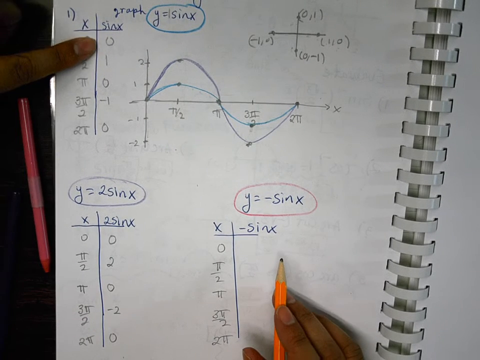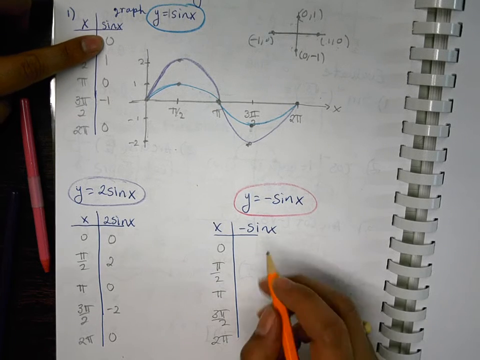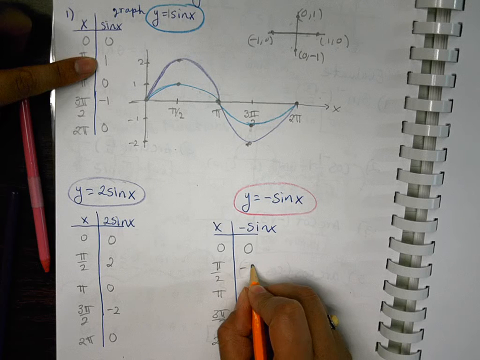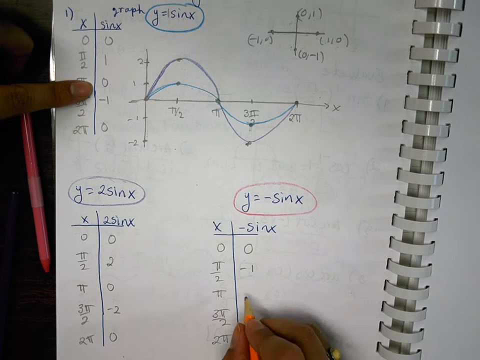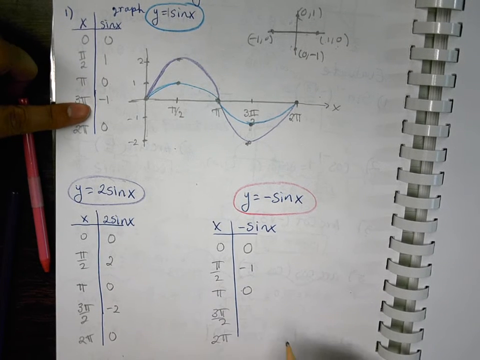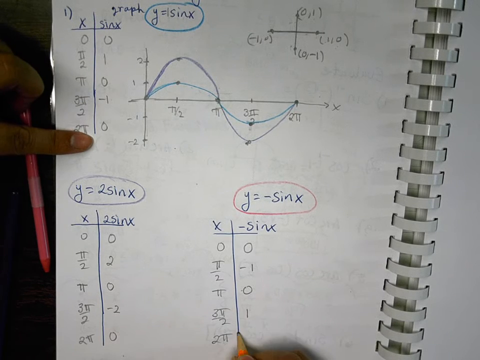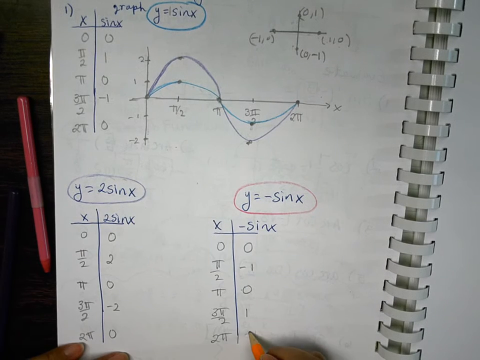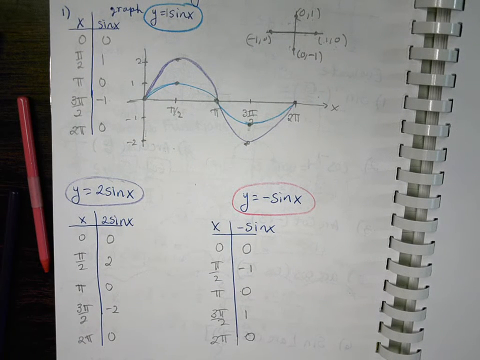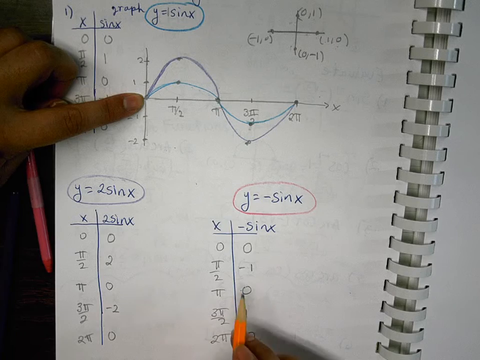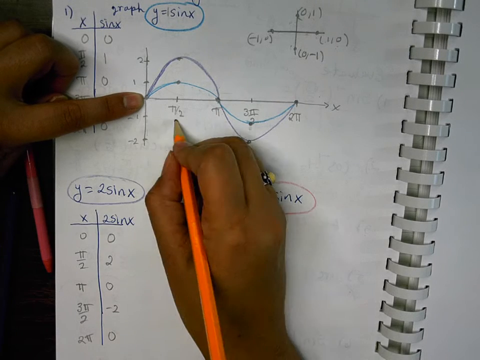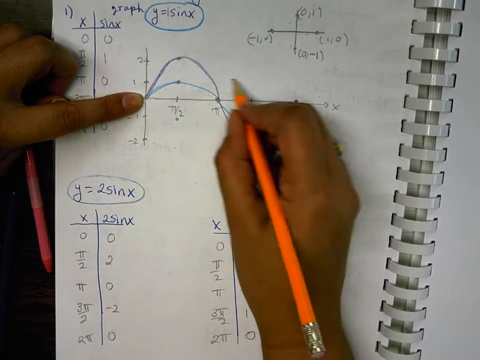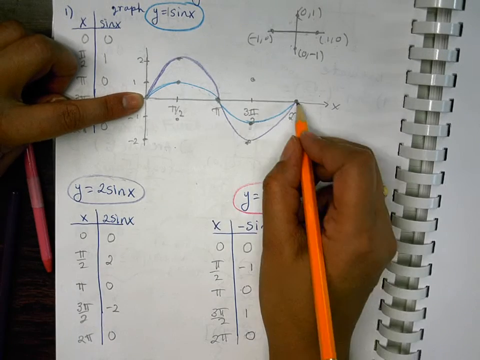Okay, so let's just do them from here a little quickly. 0 times -1 is 0, 1 times -1 is -1, 0 times -1, -1 times -1 is 1, and 0 times -1. Do you see why everything flips around? Okay, so we start off at 0, 0 again, and then pi over 2 is -1. Pi is back to 0. 3 pi over 2 is +1. And 2 pi is back to 0.